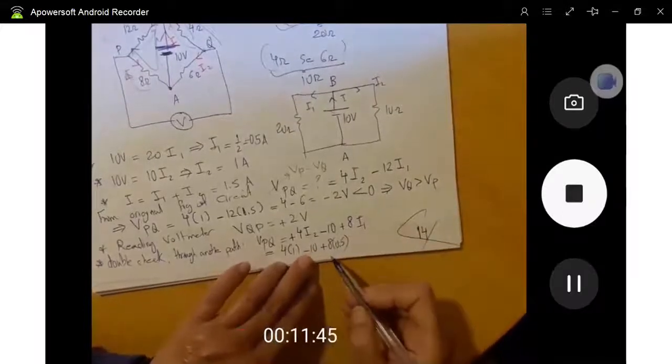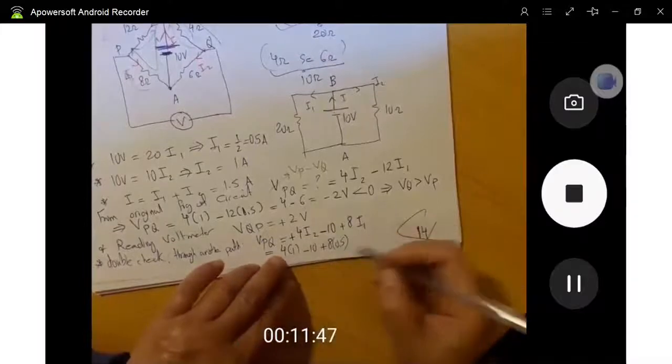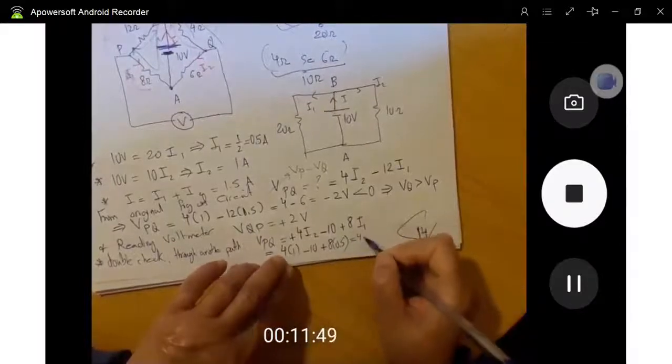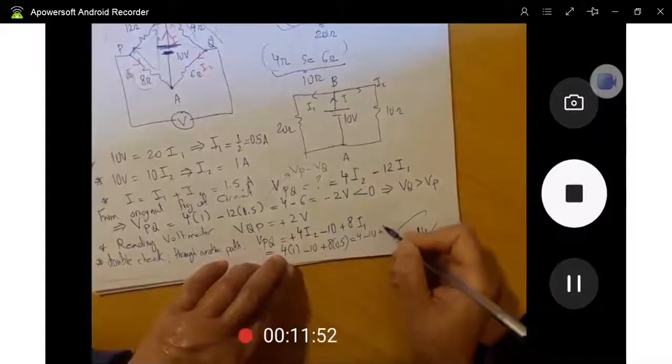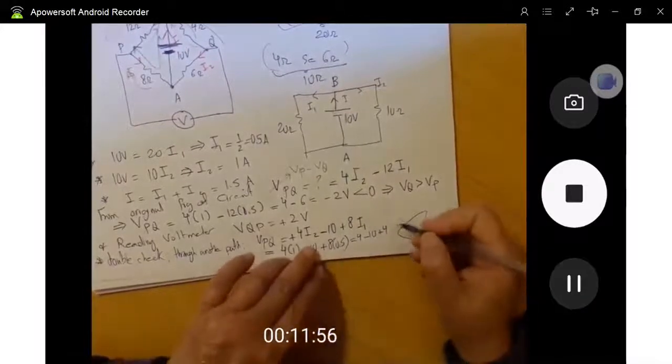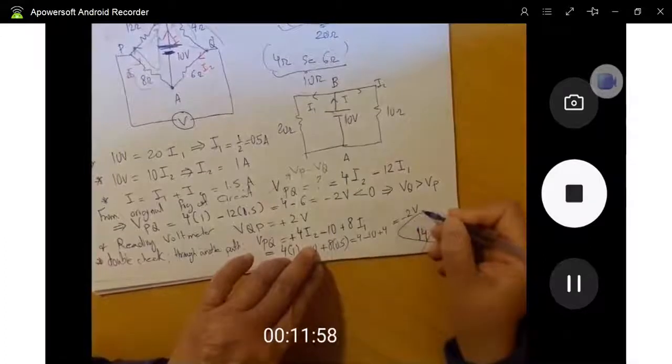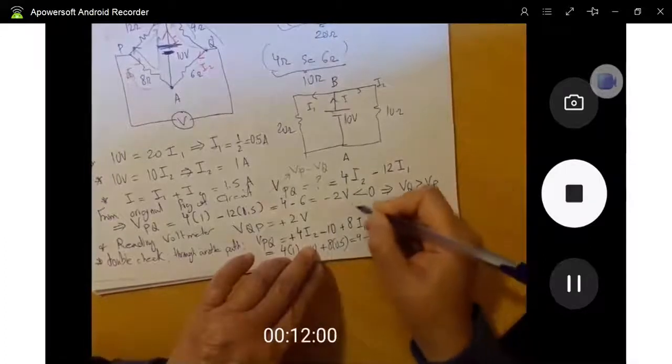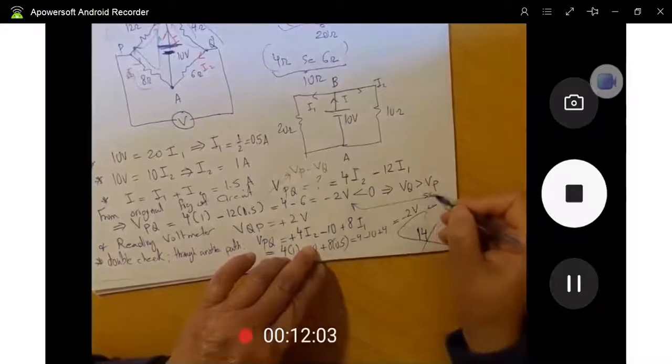So 4 minus 10 plus 4, which again is minus 2 volts, as in the previous case.